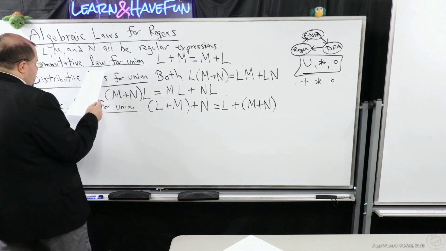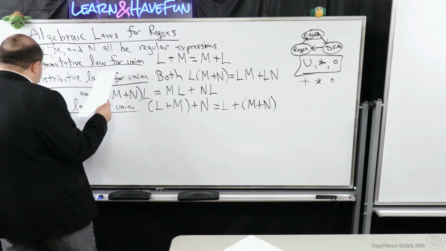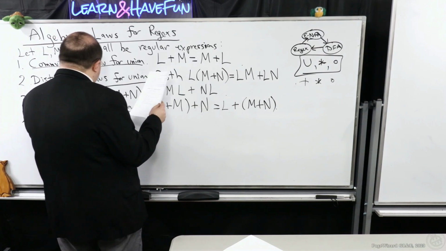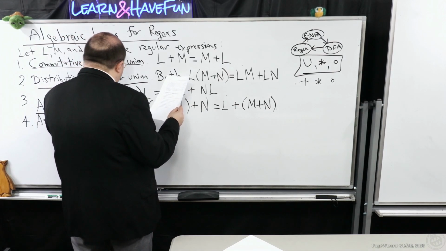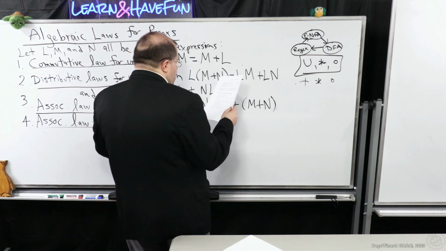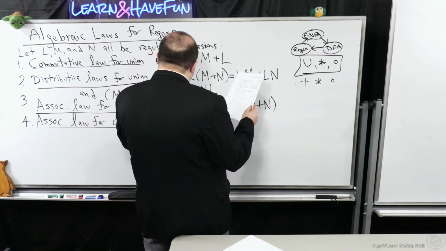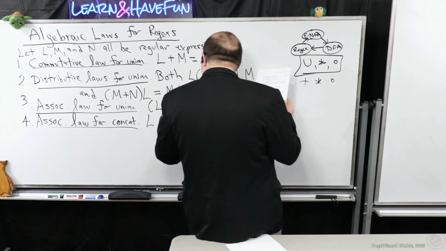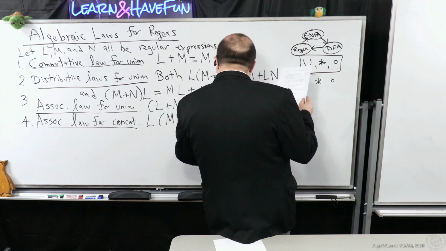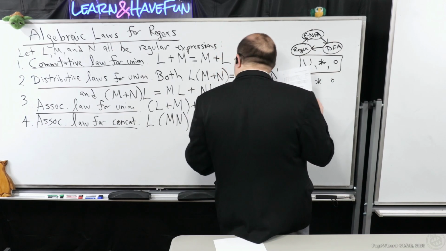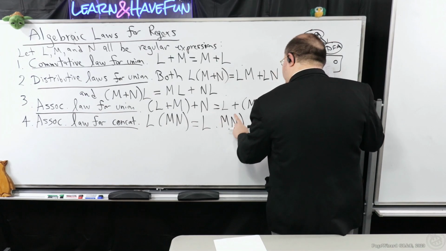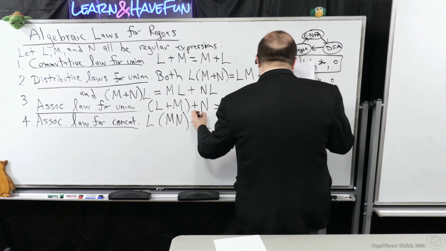Next, we have the same idea, the associative law for concatenation. L concatenated with M concatenated with N. This is no different than if I concatenate L with the result of concatenating M and N, or let's write it like this instead.